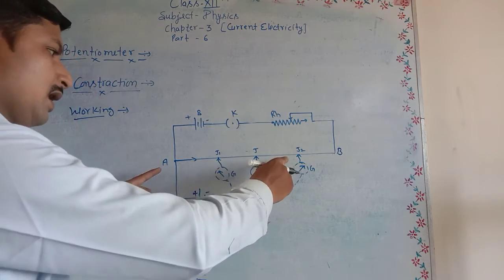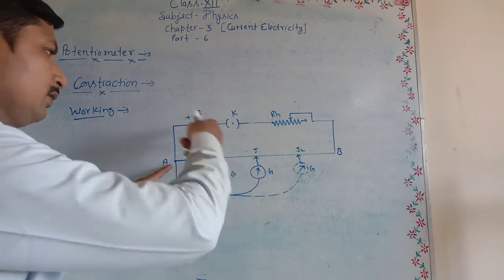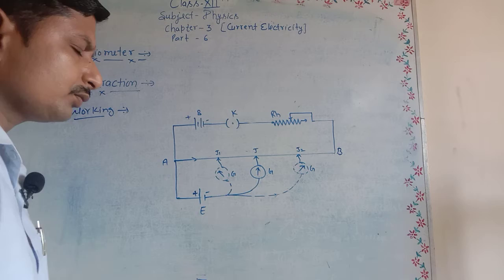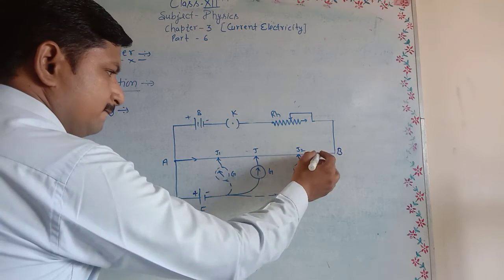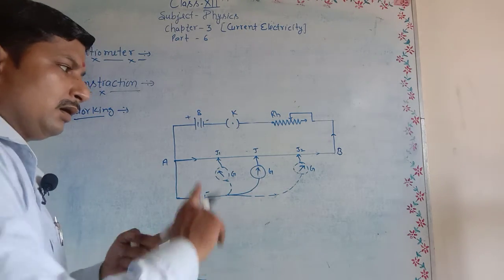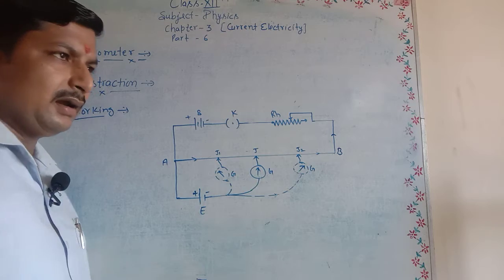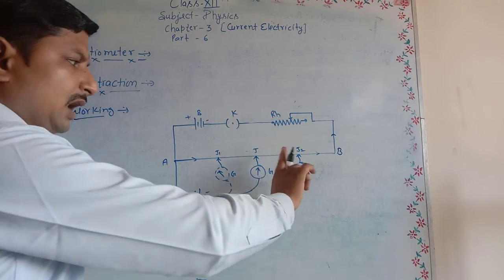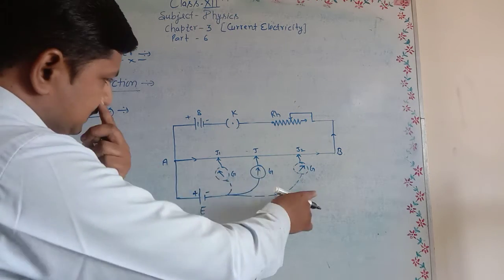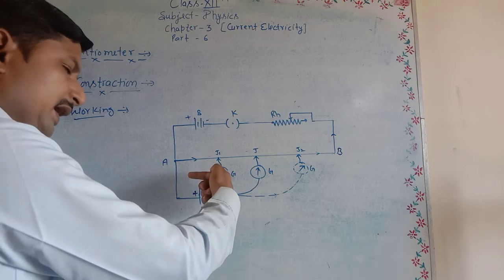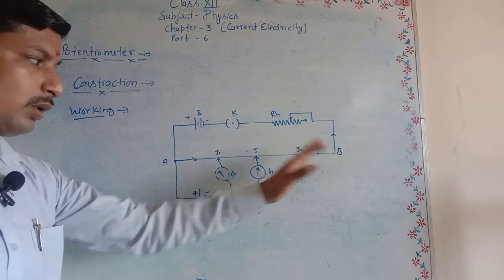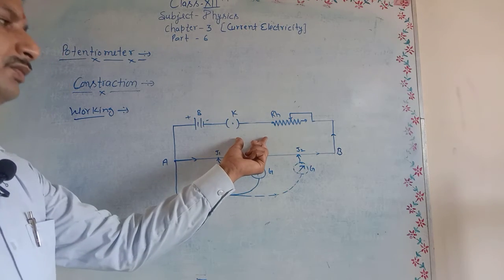Then the current flows in the wire of the battery, in the direction A E J2, and the galvanometer shows deflection on the other side. Then we conclude there is a point J.